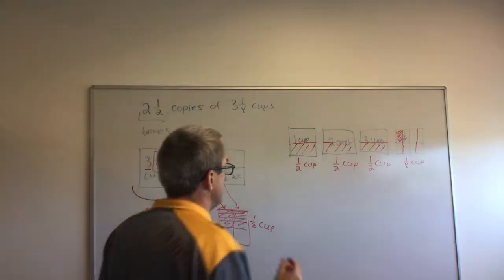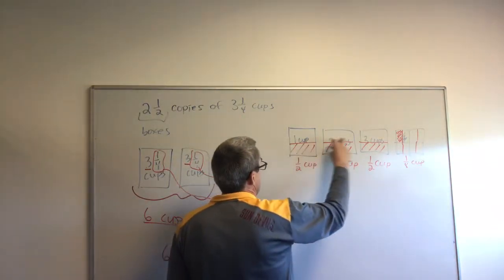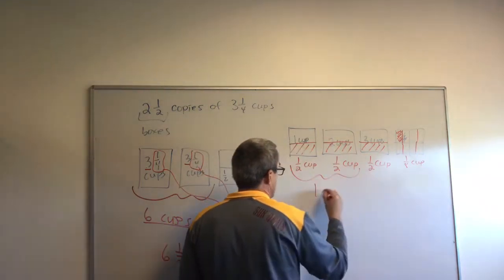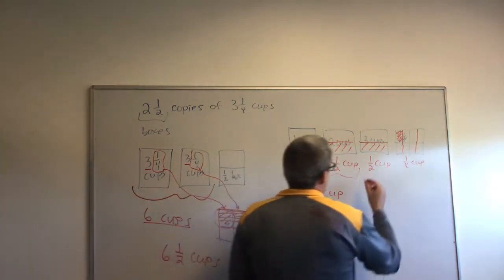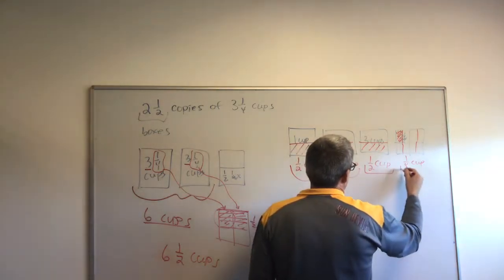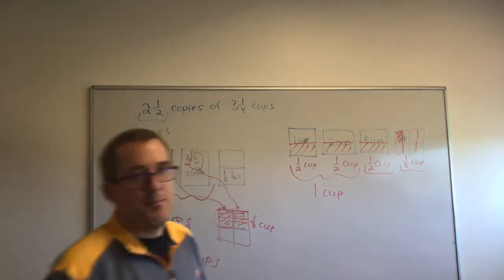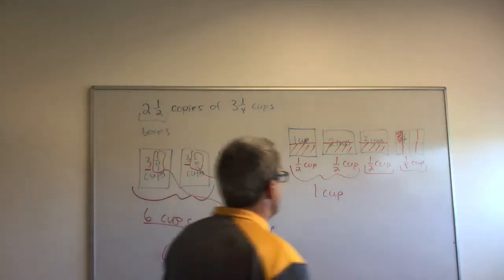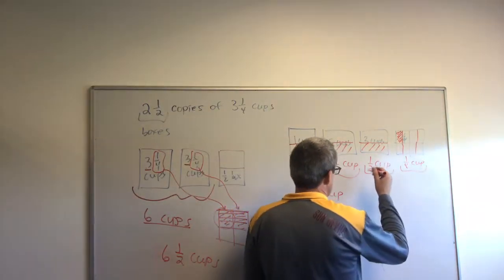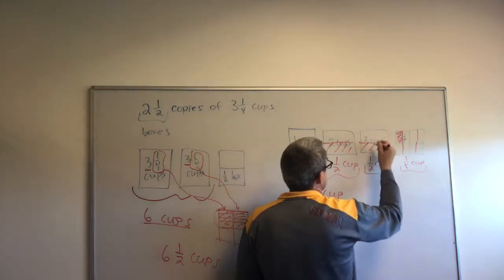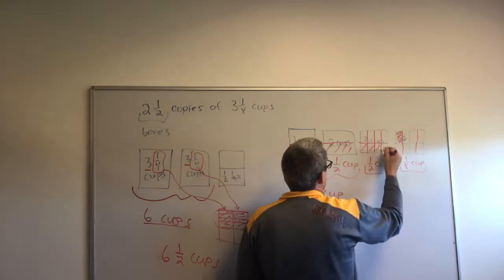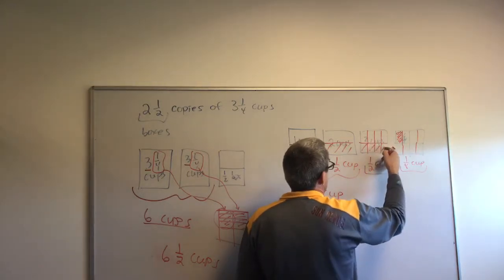And if I split it all in half, let's look and see what we have. This half and this half, can you imagine? That would make 1 whole cup. And then 1/2 of a cup and 1/8 of a cup. Oh, what does that make? Let's just keep working on that and see what 1/2 of a cup and 1/8 of a cup make. And to see that, what if I took this and cut it up into eighths? 1, 2, 3, 4, 5, 6, 7, 8.